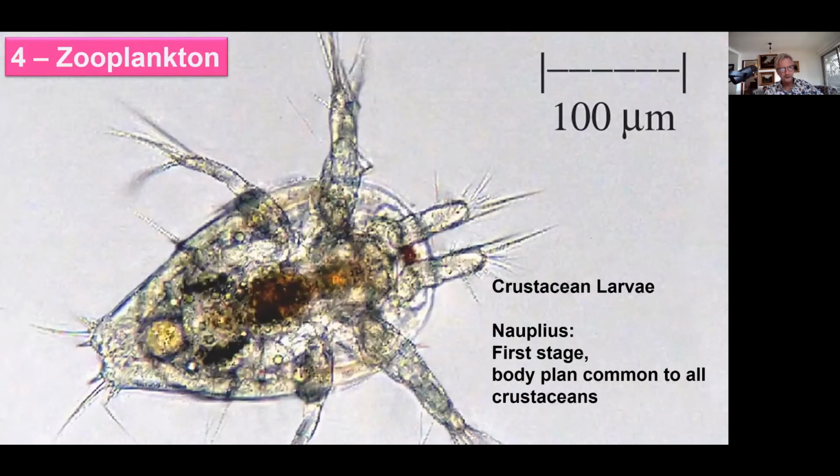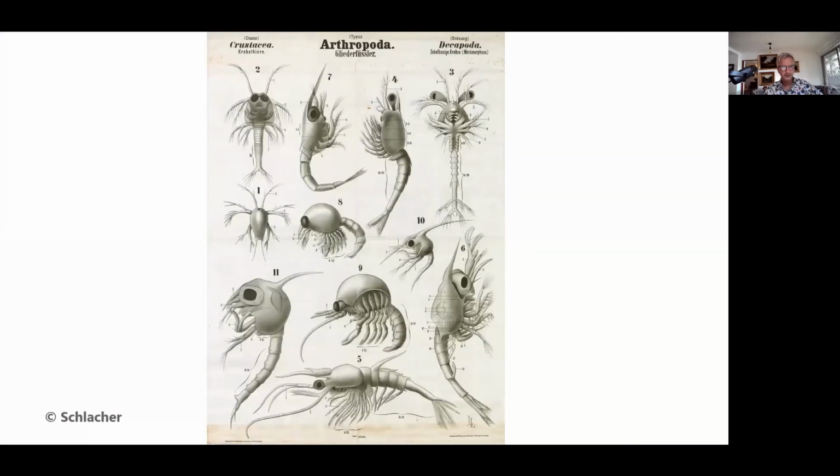So here is, of course, the Nauplius larvae again, which we have already seen in the context of talking about barnacles. I showed you that image, and those are all the different stages of a crab, like a shore crab or a ghost crab. And you can see it goes through 11, I should say, different stages.